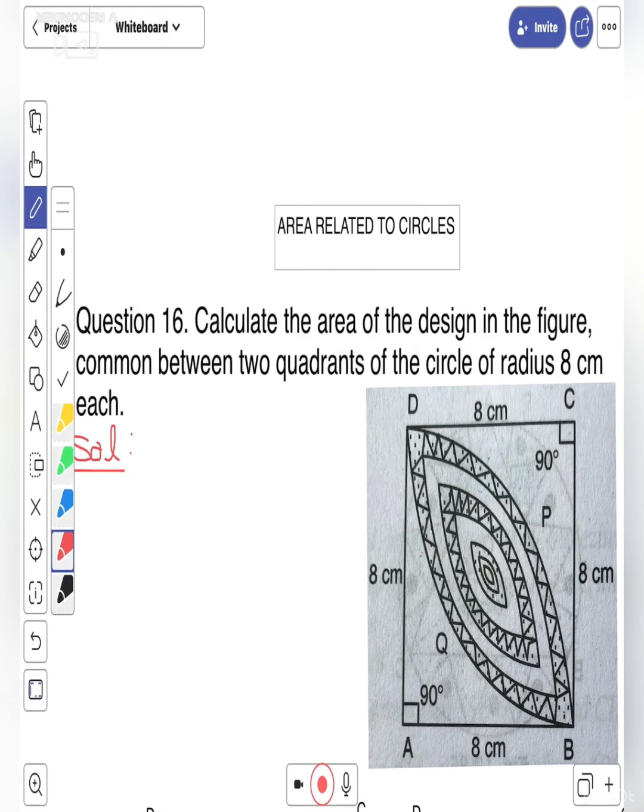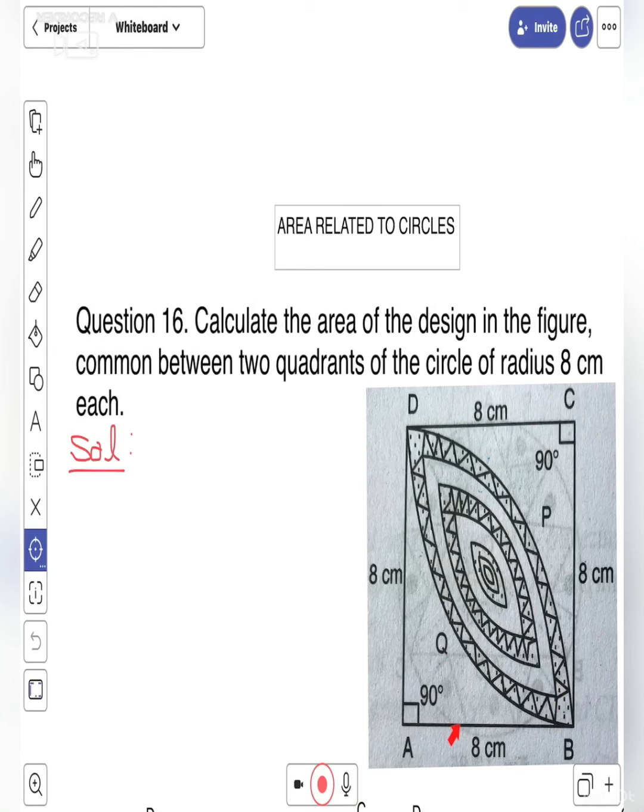that number first is, according to the question, the radius of the circle is 8 centimeter. Dear, you know that the distance between the circumference and the center of the circle is known as the radius. So this is AB, otherwise AD.